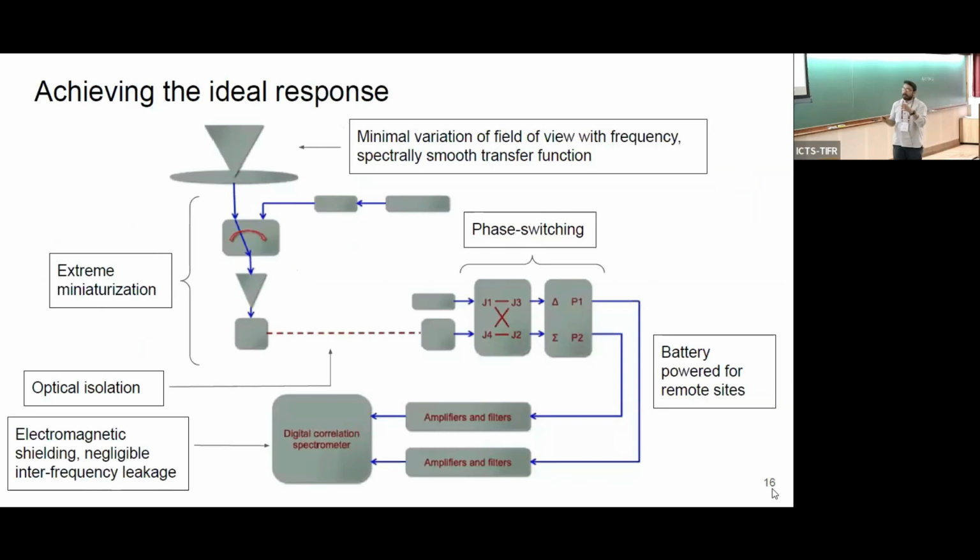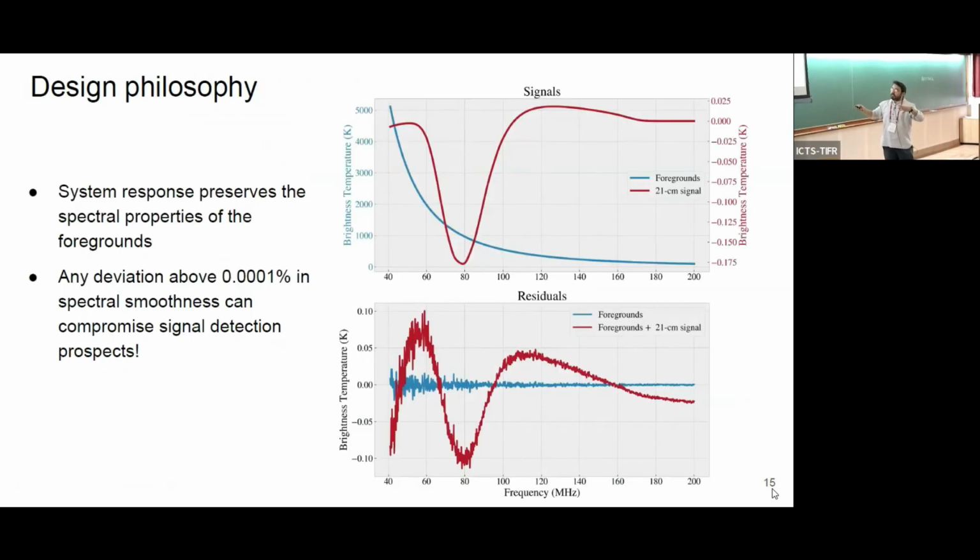Right. But for example, one way in which this can be destroyed is your antenna has some response to the sky, the field of view, which we call the primary beam. And the primary beam can change depending on which frequency you're looking at. And we are looking at a very broad range of frequencies here. So even if your foregrounds are smooth in frequency space, because your beam is changing, it's coupling spatial modes into your frequency modes.